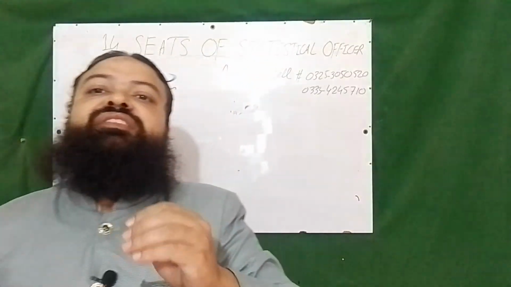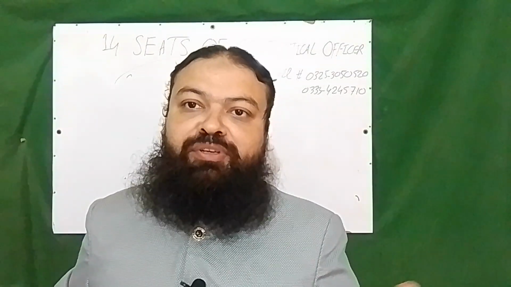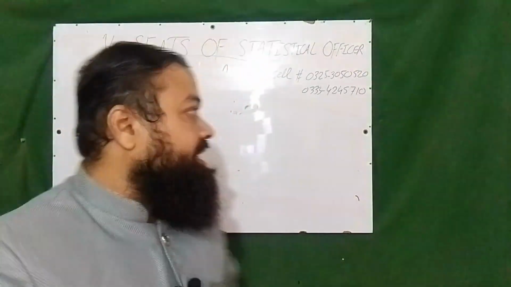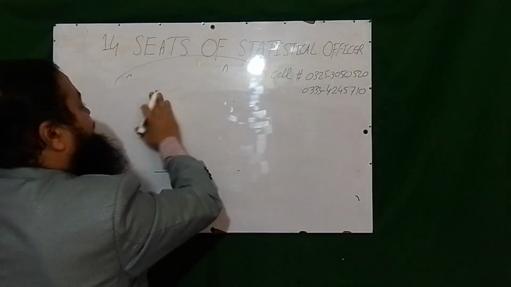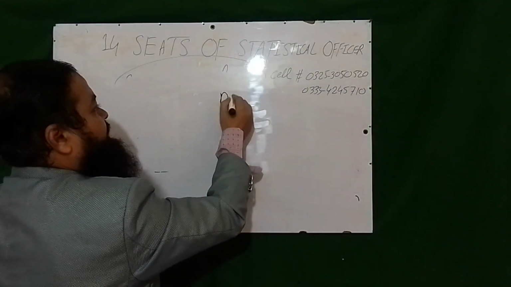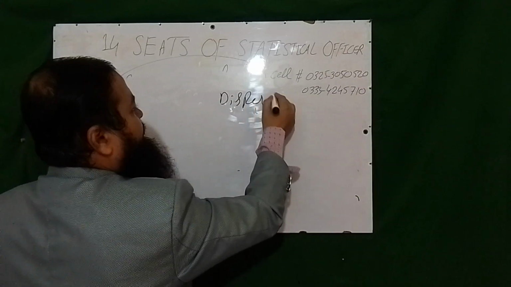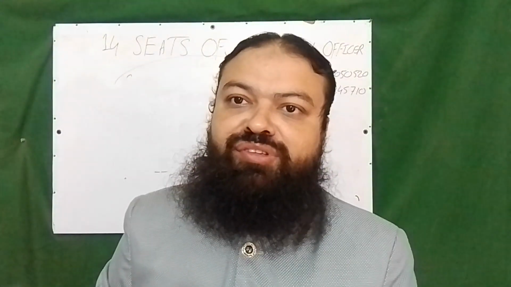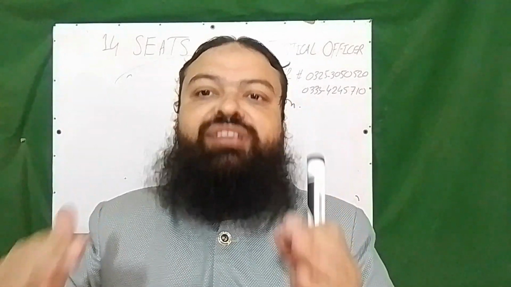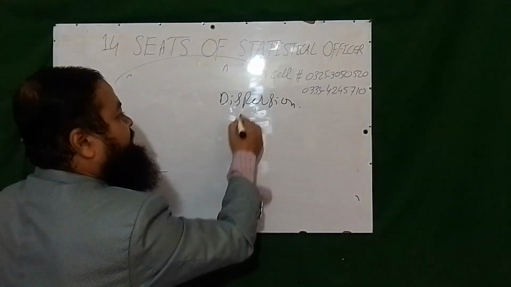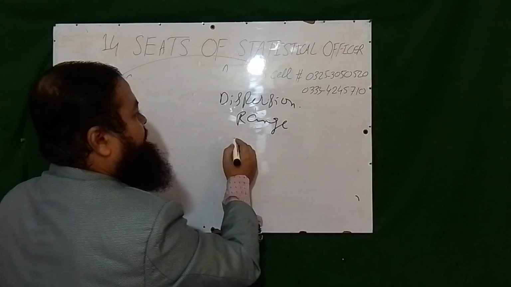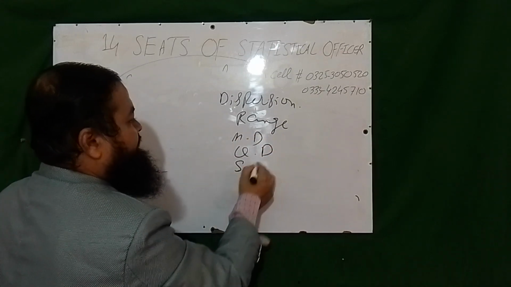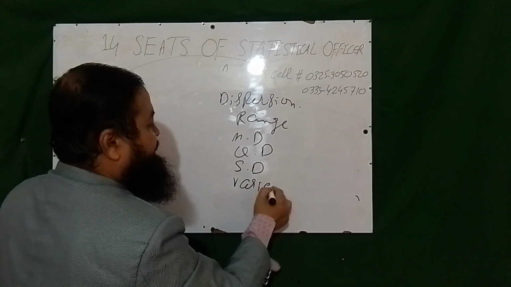Then median is not affected by the extreme values because we take the central value of the arranged data. And then a very important concept of dispersion. It is the scatterness of the values, dispersion of the values around the central value, and we have range, mean deviation, quartile deviation, standard deviation, and variance.